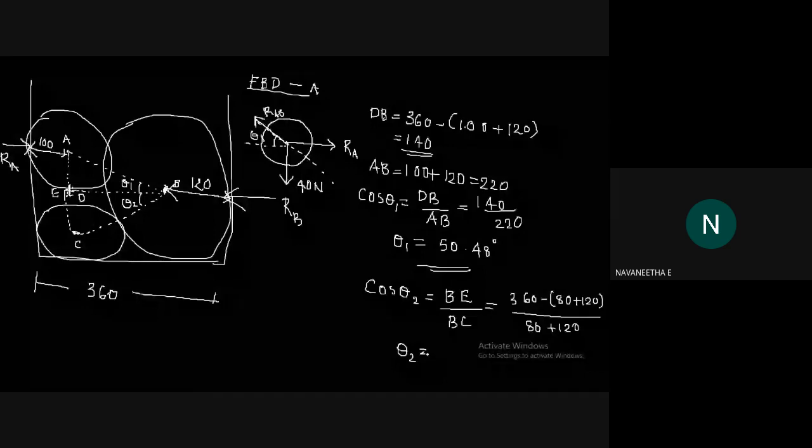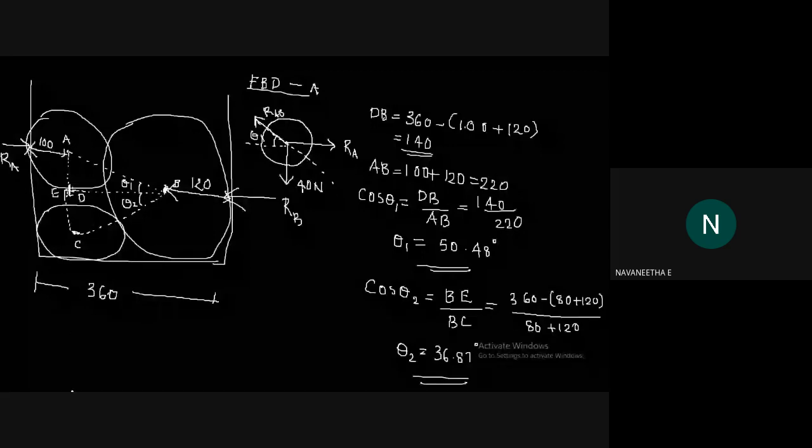Sneha, what's the value of theta 2? 36.87. Okay, 36.87 is the value of theta 2.